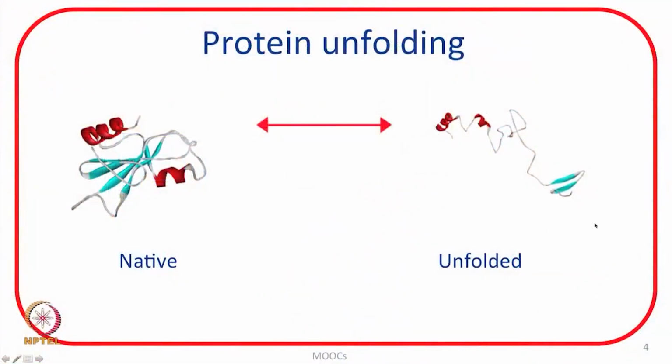Let us take a look at the slide. In this slide, we are interested in understanding the thermal unfolding of the protein from native state to unfolded state. And let us discuss how differential scanning calorimetry can be successfully applied to study this.